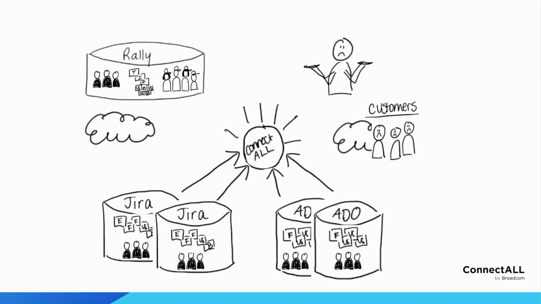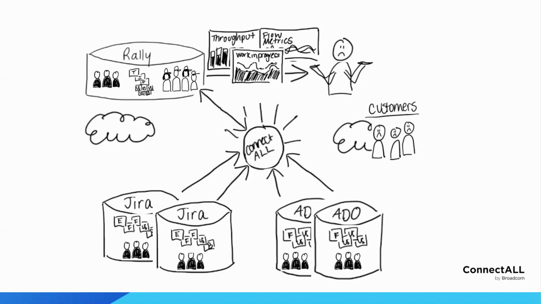This means that we can create real-time data synchronization between all the disparate systems and even normalize the information so everyone is speaking the same language: progress. Using Rally as the normalization point, you get a holistic view of metrics such as flow, throughput, predictability, and capacity planning at scale.